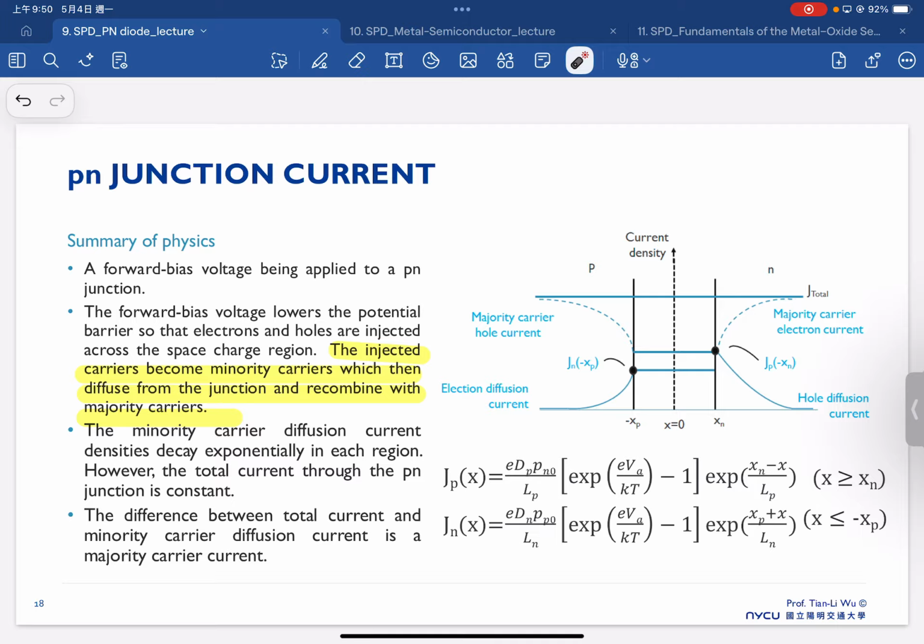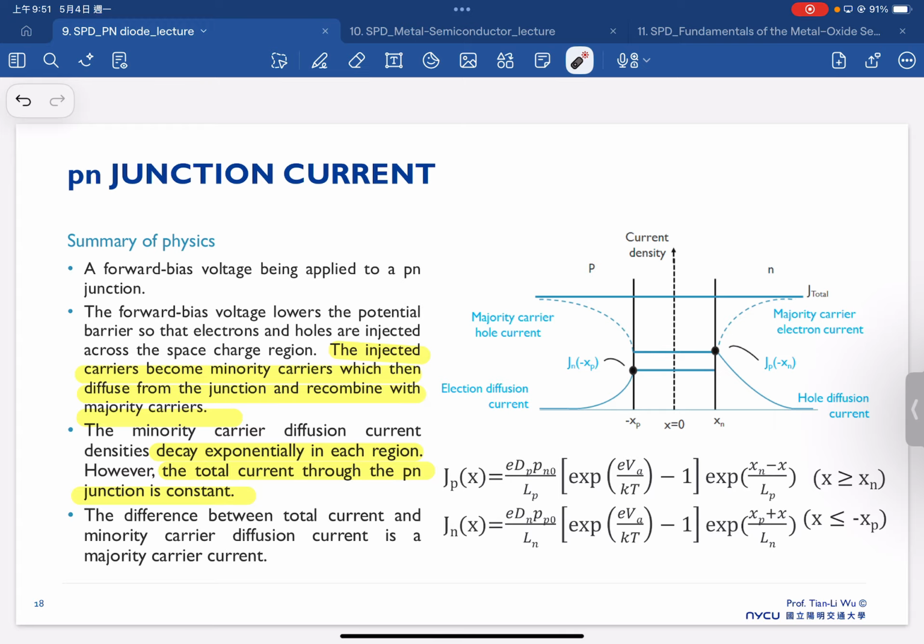We consider the excess carriers, we always see the minority carrier diffusion current decays exponentially in each region, but the total current still remains the same, and therefore we can take advantage of this to estimate the total current by considering the current here plus the current here, and that will be equal to our total current here.